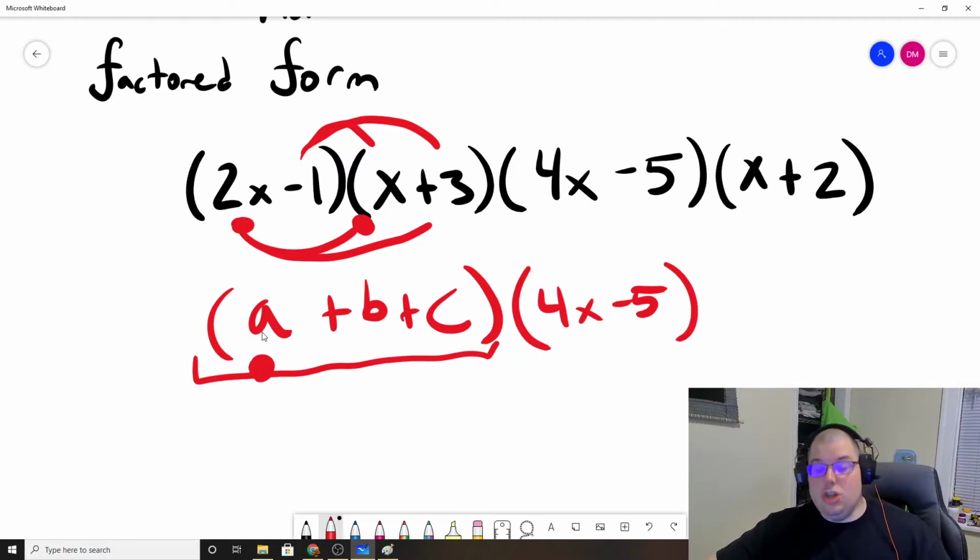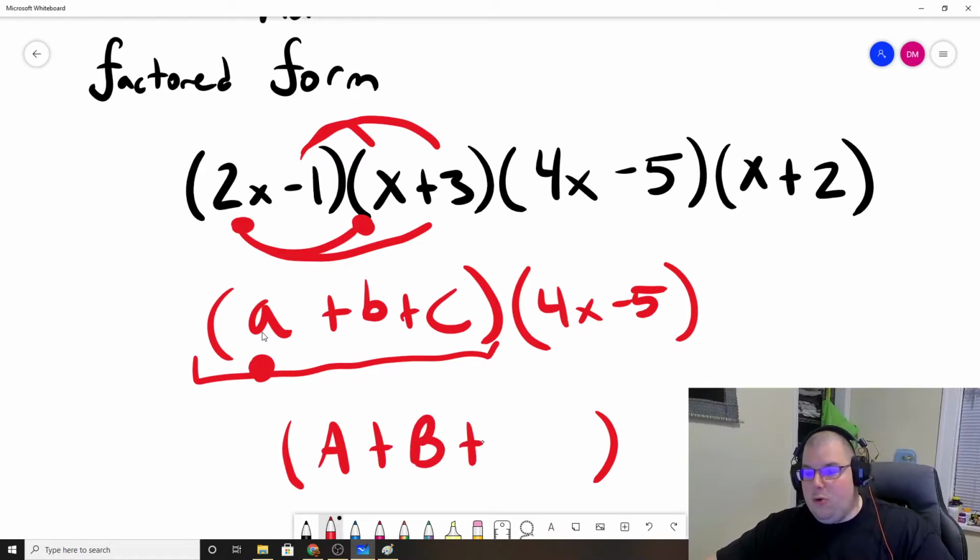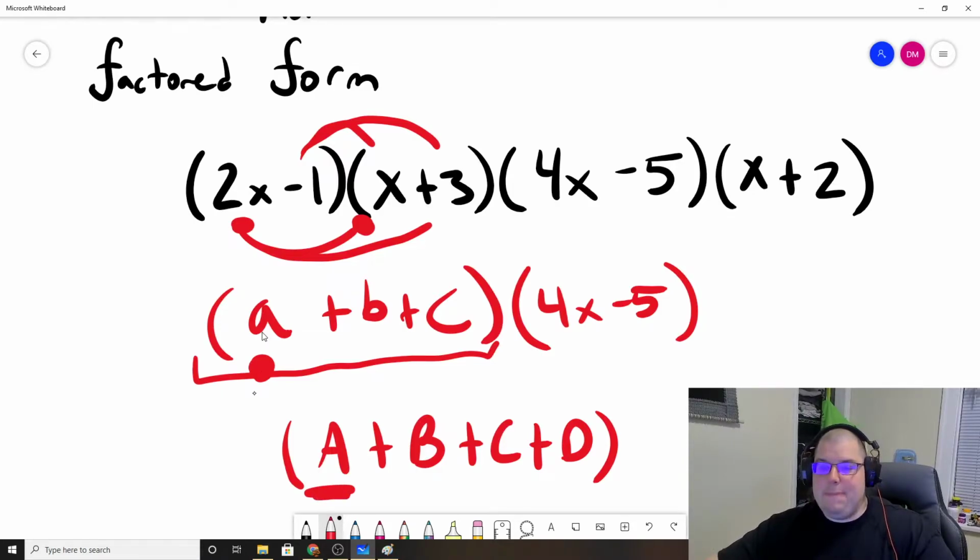And then the new leading coefficient and degree is going to end up in front again when I multiply these two things together and end up with a new 4-term polynomial, say a, b, c, and d. The a position is going to come from multiplying a by 4x, and that's going to go right there in front.